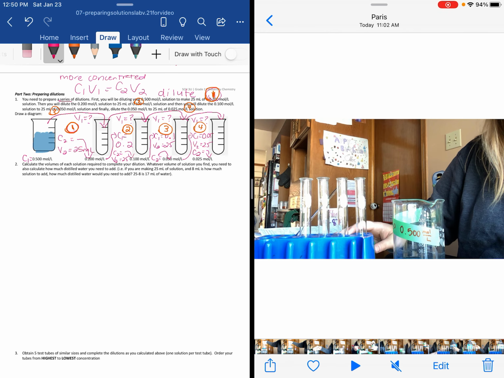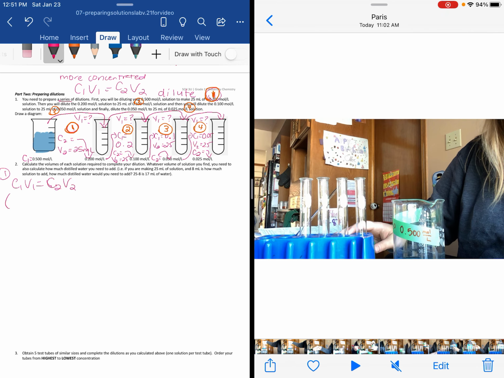So in order to do this, we need to calculate V1. How much of each solution do we need to take? So C1 V1 equals C2 V2.